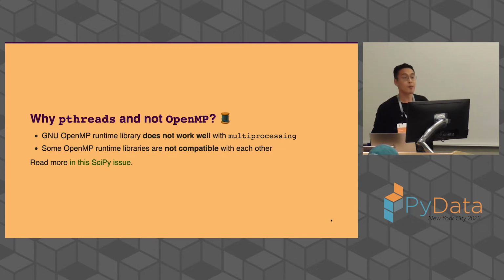But LLVM OpenMP is fine. So the story is that it doesn't work well all the time. And OpenMP libraries running simultaneously may not be compatible with each other. We'll get into this a little more in the future, but this is the general idea of why SciPy uses pthreads and not OpenMP. And OpenMP is another threading library that one can use.